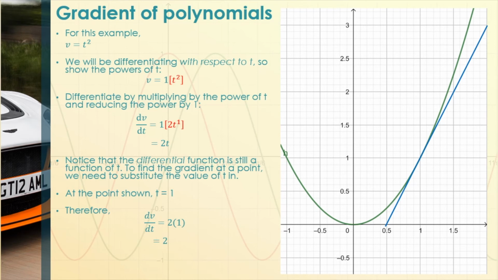If we were to draw a tangent at the point where t is equal to 1 and measure it, you can see the length of the line is 1 and goes up by 2. Therefore, we have a gradient of 2 divided by 1, which is 2.